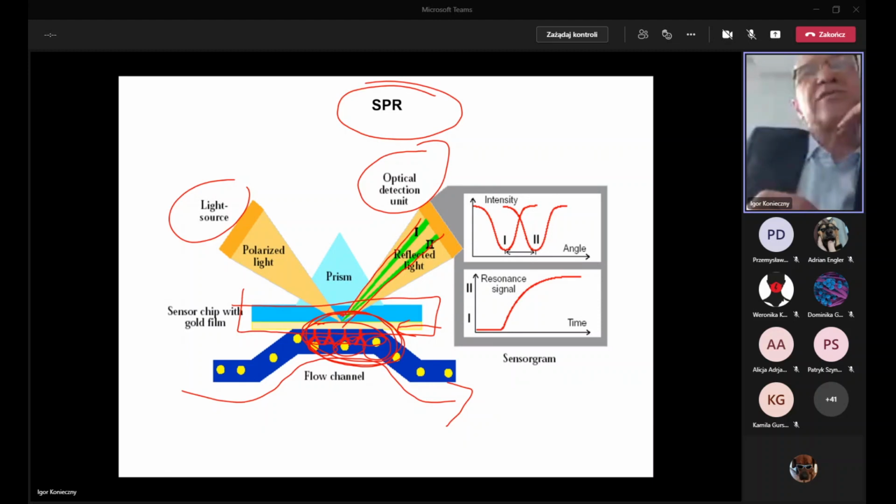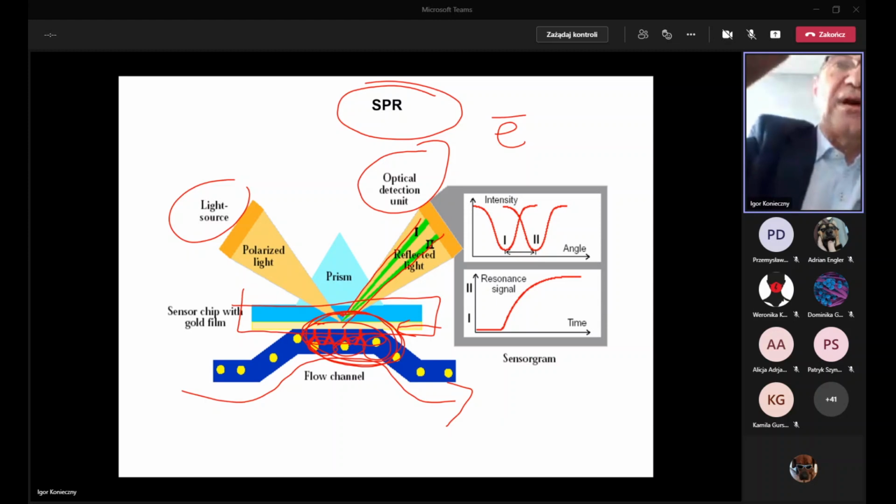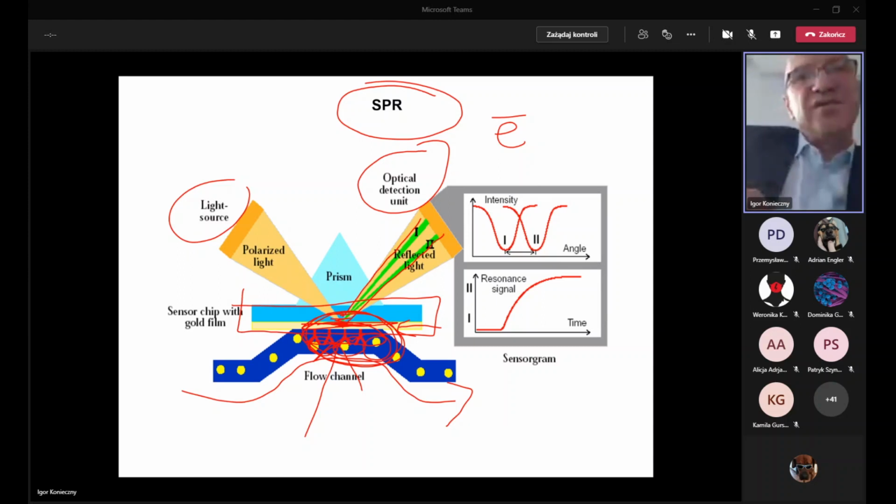So someone can ask, what is this plasmon? The plasmons are specific electrons which are activated due to the change of mass on the gold surface. When the mass is changed in the channel, those electrons are activated, and this changes the reflected light angle.